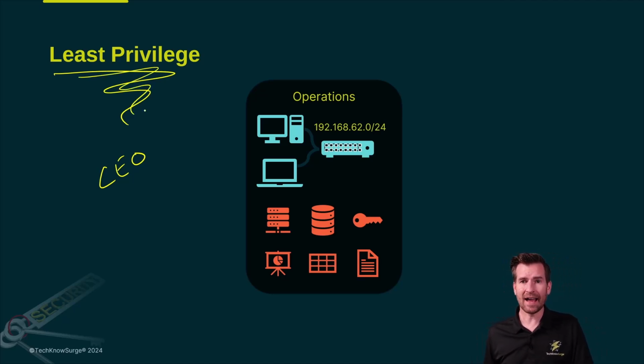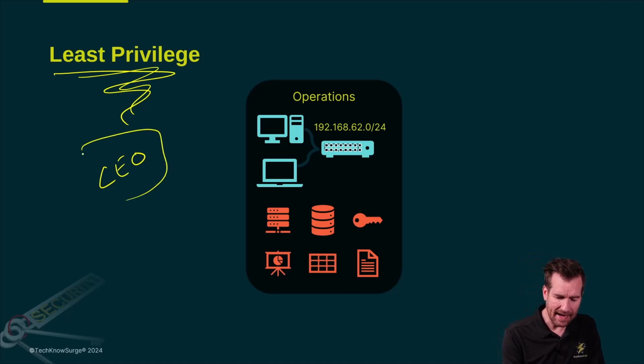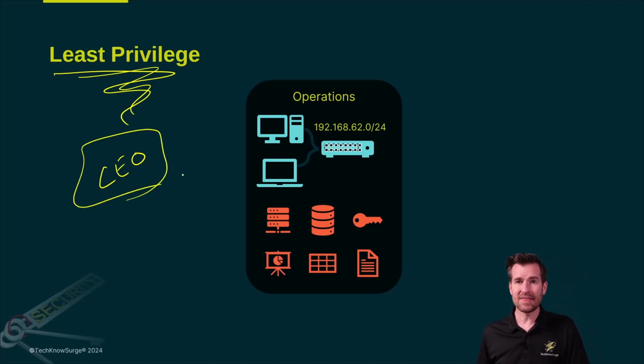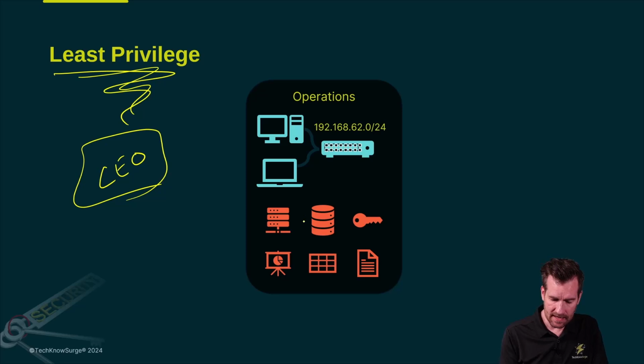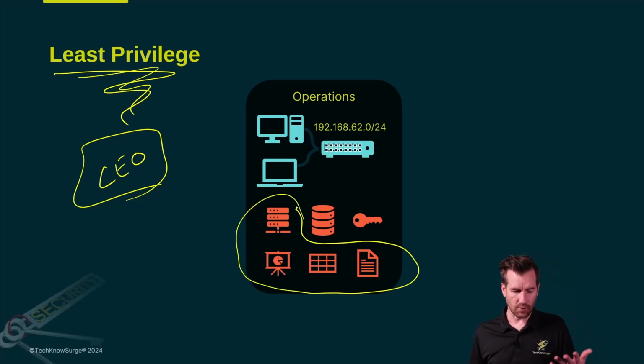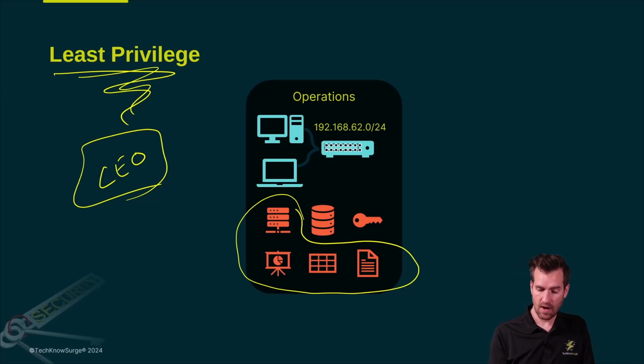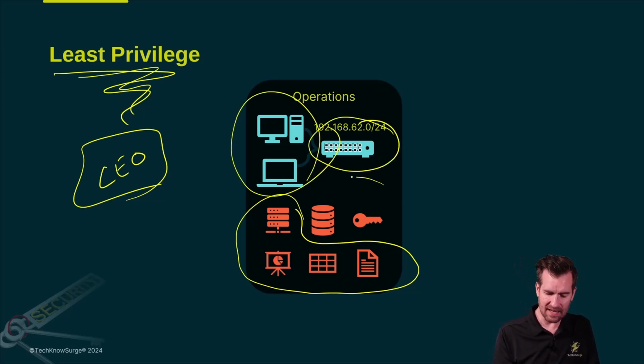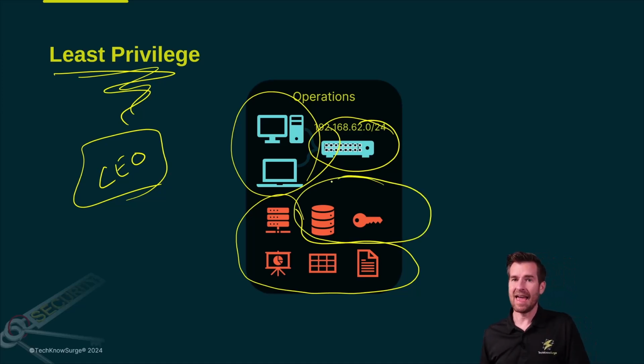And the reason why is because if this person's account ever got compromised, they get access to everything that person has access to. So let's say that person needs access to maybe some server, maybe some data, some different resources there. But we accidentally gave this person access to admin rights into the switch and to all of the different machines and the backend database and all the keys to everything.